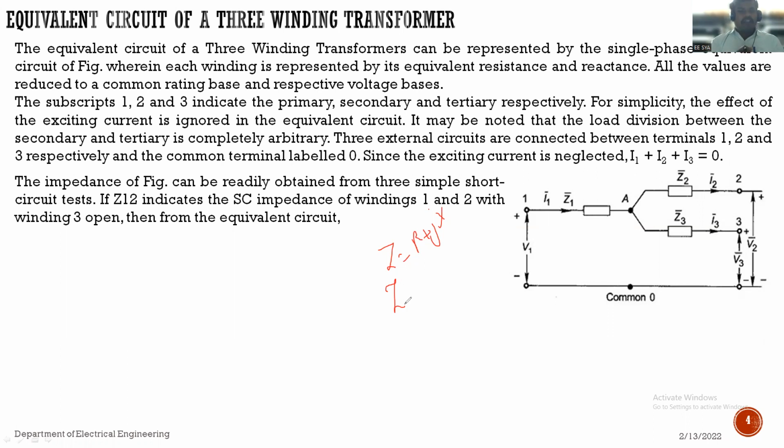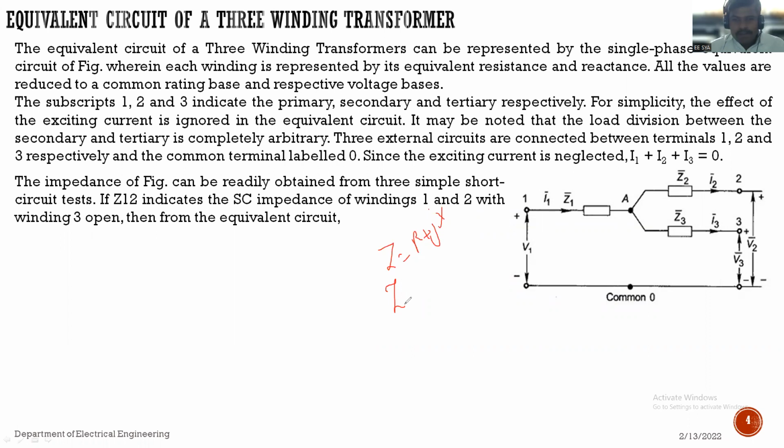So see, all the values are reduced to the common rating base and the respective voltage base. Using the base value, the value can be represented in per unit value. Now see, the subscripts 1, 2 and 3 indicate the primary, secondary and tertiary respectively.